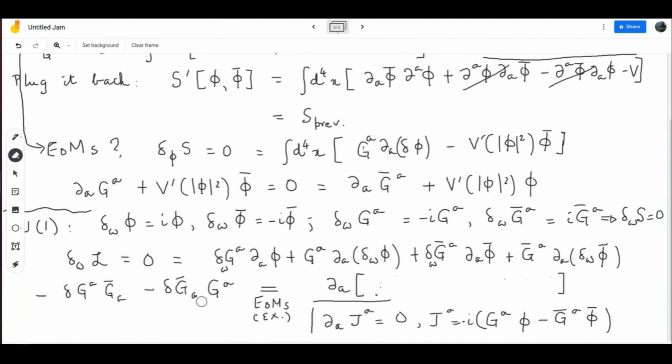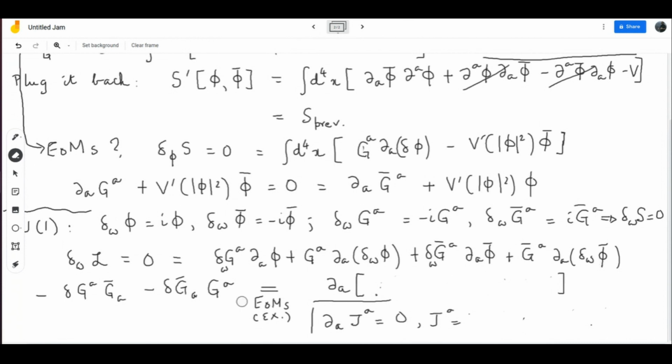So this is 0. This much is clear. Let me erase everything. Remember that when we derive the Noether current, it's the delta omega phi and delta omega phi bar from where we get the conservation law.